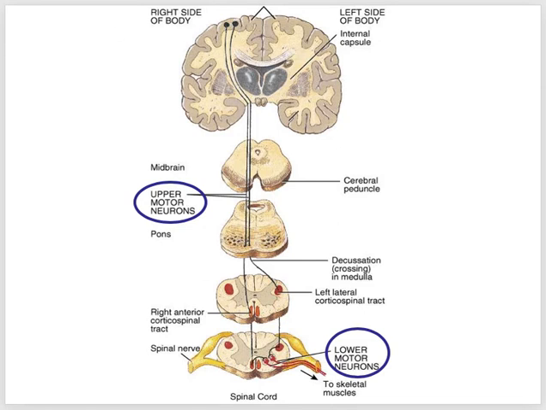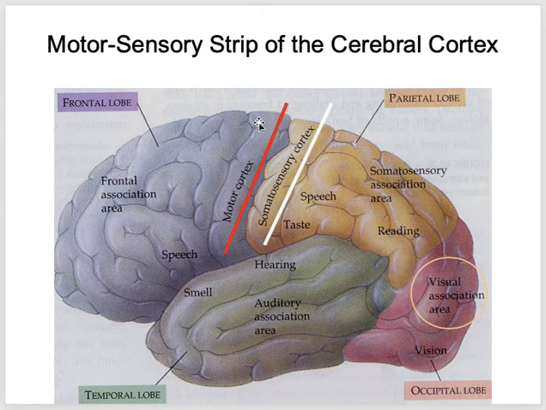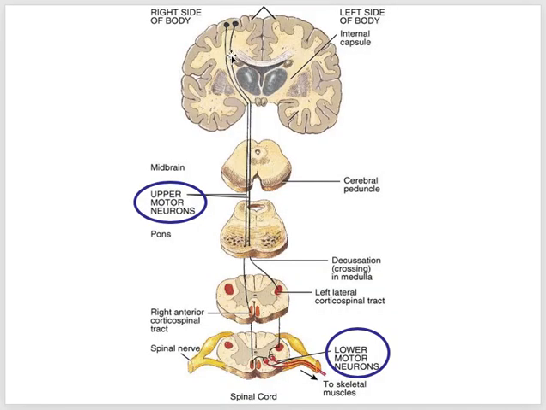And if I discuss more about the motor area, basically there is a primary motor cortex and then there is a supplementary motor cortex over here. So most of the fibers for this tract arise from these supplementary and primary motor cortex.